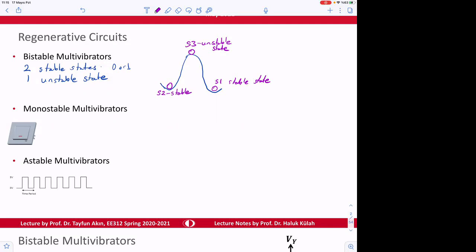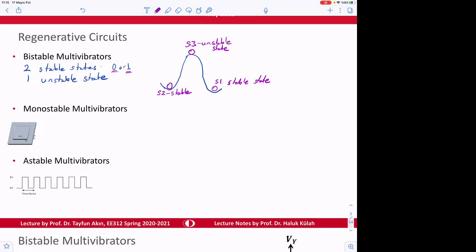Okay, so of course, for us the states are going to be two states here. States for us are either logic 1 or logic 0. But conceptually, the output of a circuit can be either 0 or 1, but we can change it maybe with some kind of action.